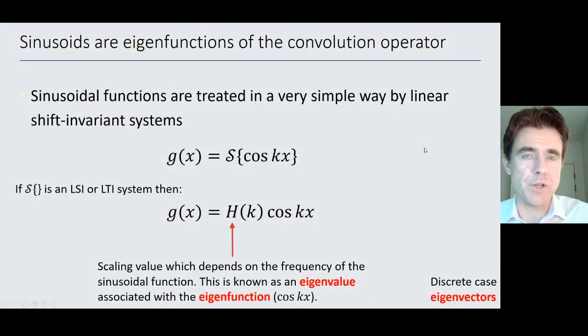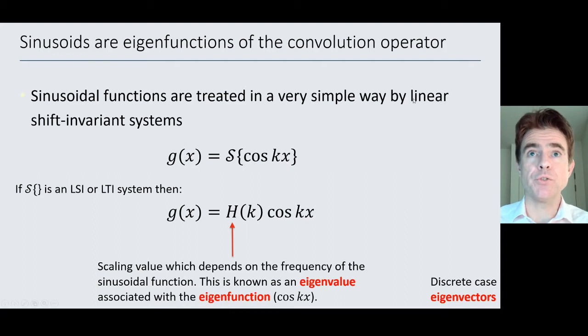So sinusoids then are what's known as eigenfunctions of the convolution operator, because they're treated in a very simple, very special way by LSI systems. Imagine that was the input sinusoid, just a spatial cosine function going into a 1D imaging system for the sake of a simple example.